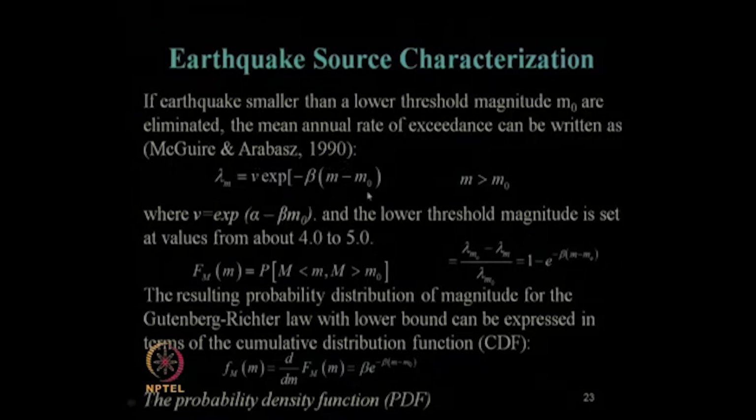This expression was proposed, that lambda m, which is nothing but our mean annual rate of exceedance of that event, can be written as mu times e to the power minus beta times m minus m naught. That is, instead of minus beta m, now we are using minus beta times m minus m naught, where m has to be greater than m naught.